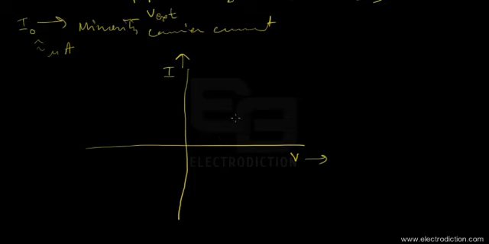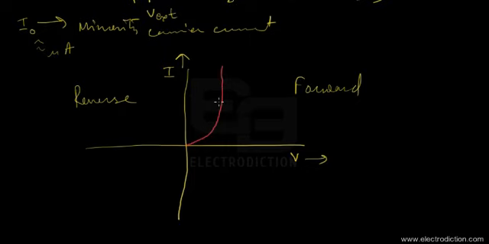So on the right hand side we have the forward diode characteristics, and on the left hand side we have the reverse diode characteristics. So imagine, in case of the forward characteristics, that the diode is in the forward biased condition, and due to that, when the diode is in the forward biased condition, its characteristic looks somewhat like this.